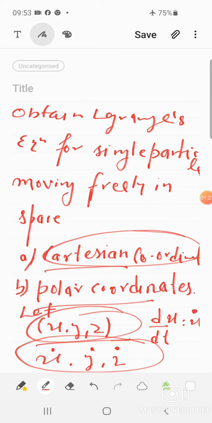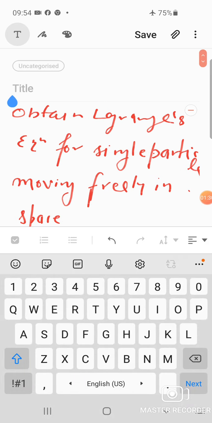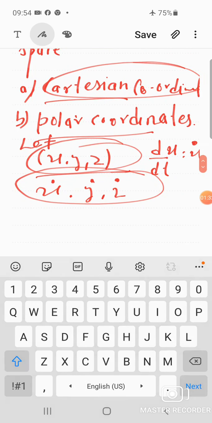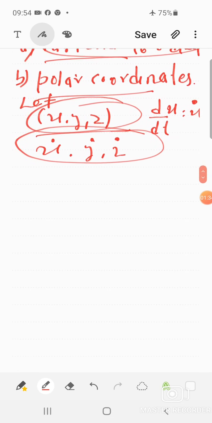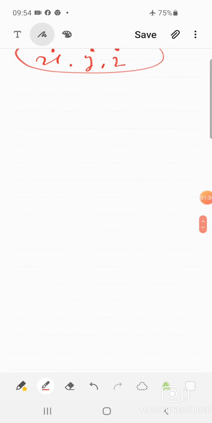Similarly, first time derivative of y will be equal to y dot, and first time derivative of z will be equal to z dot. These are similarly the velocities.